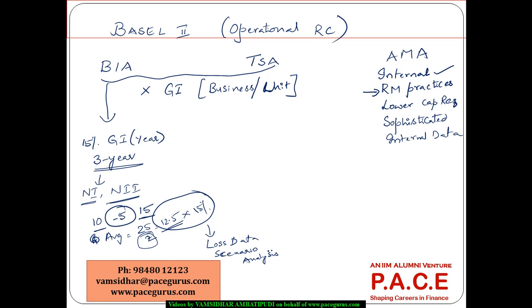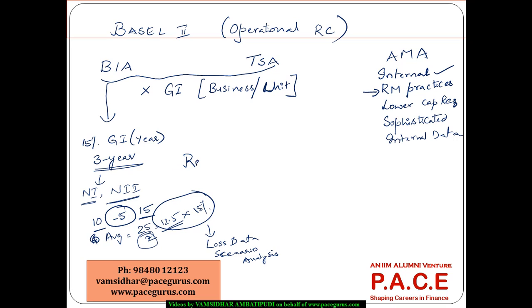And what we also see is, if two companies have the same gross income, irrespective of what kind of risk management practices they have implemented, both of them will have to have the same capital requirement, which means it looks more and more simple, but may not be reliable for all businesses.